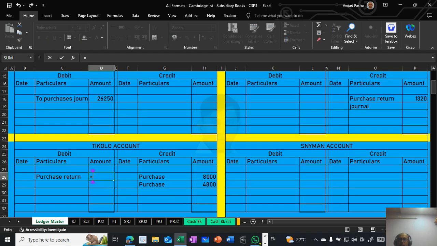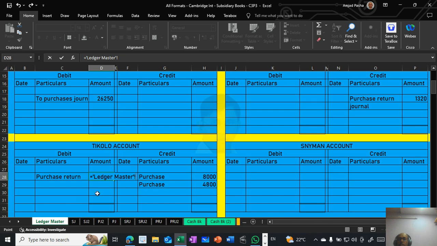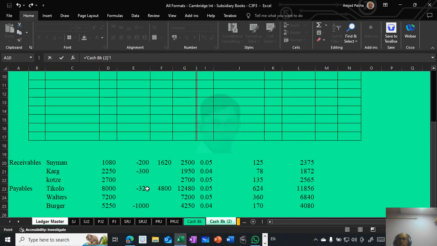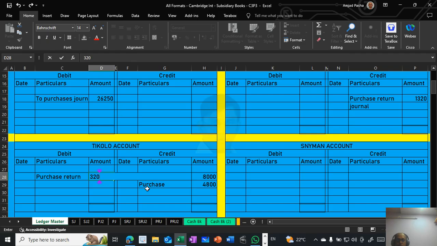What is purchase return? Purchase return is 320. So purchase return is 320.